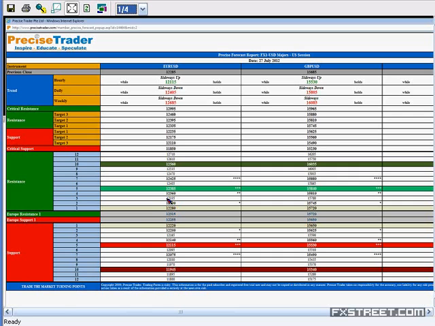But of course, zone 3 and zone 6 are minor levels. That means, in the event I miss that entry, I may want to use that level for entry or partial booking of profit. But other than that, I use zone 4 and zone 5 as prominent levels. And of course, we do have target levels. These are levels we can also use to book profit, depending on what kind of trader you belong to.